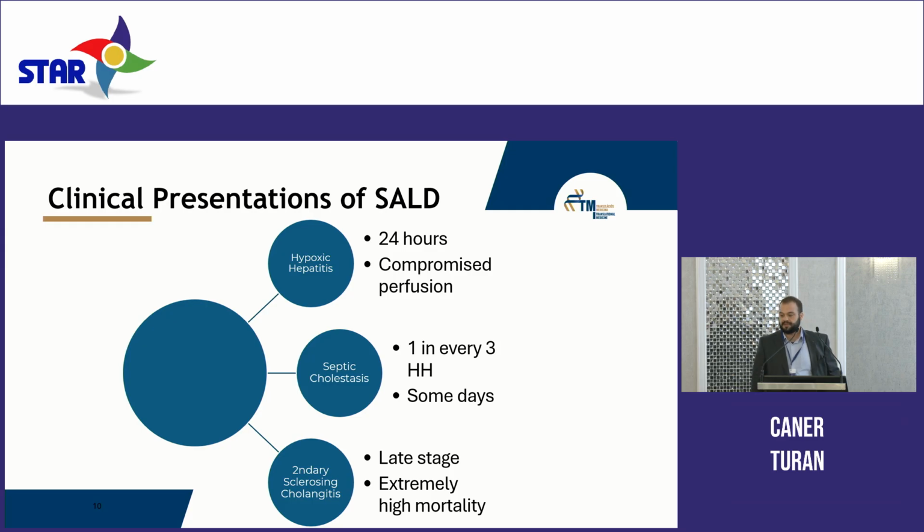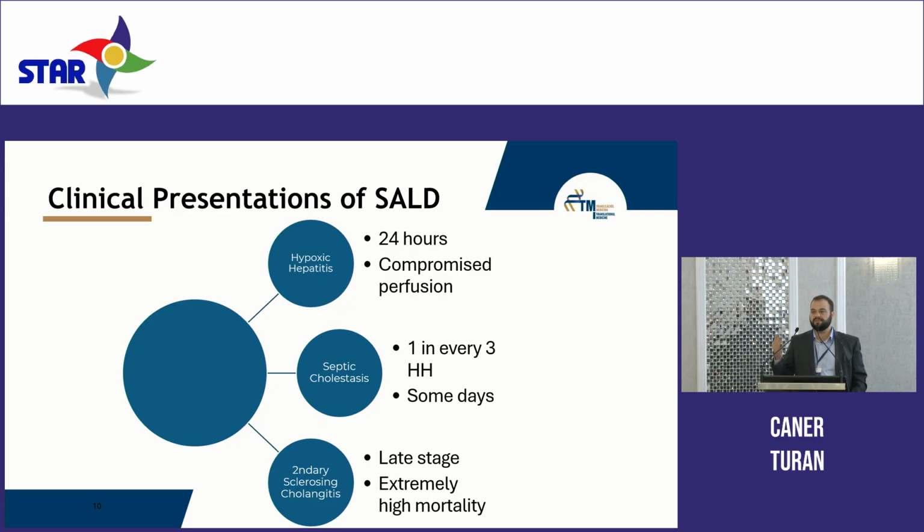But how do these patients present in real life? There are 3 clinical phenotypes. The first is hypoxic hepatitis, which means that there is a perfusion problem in the liver.